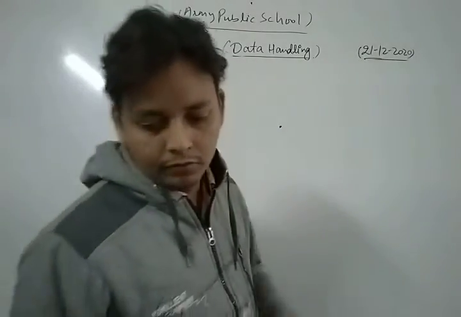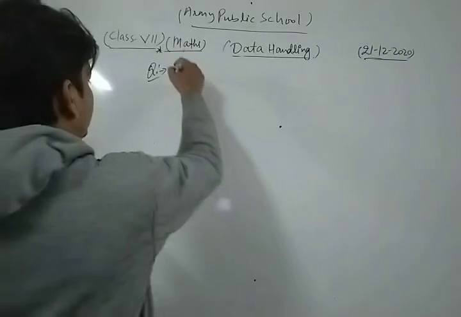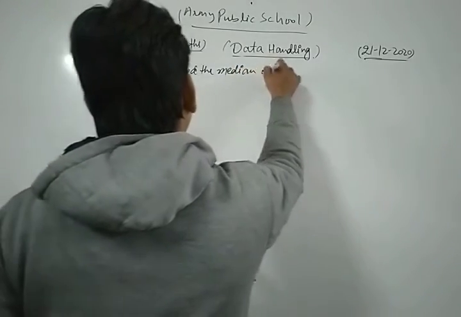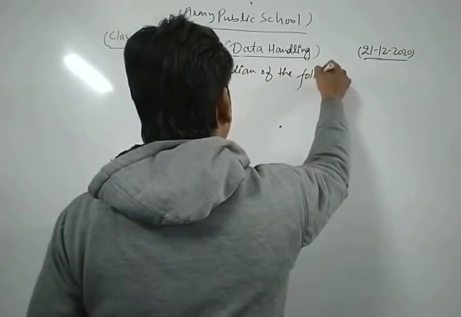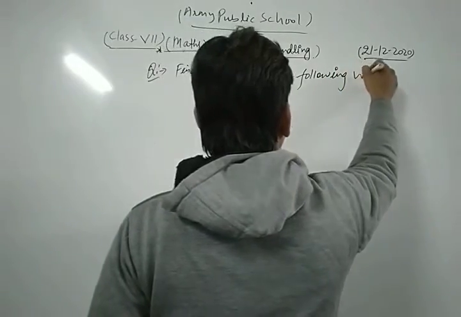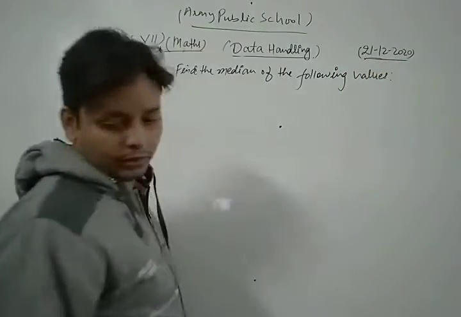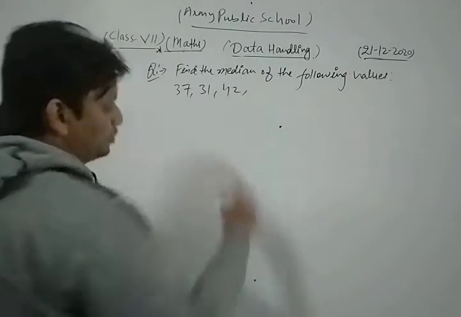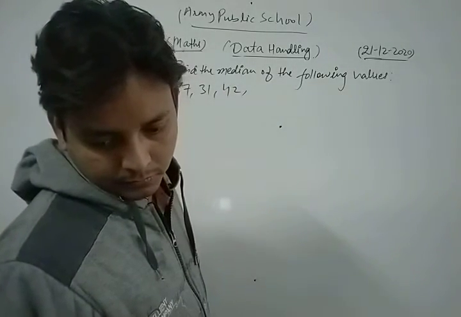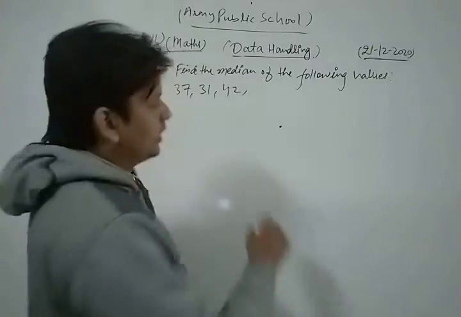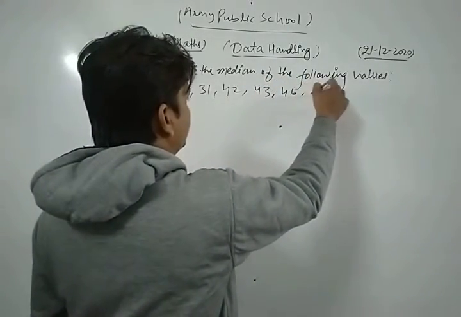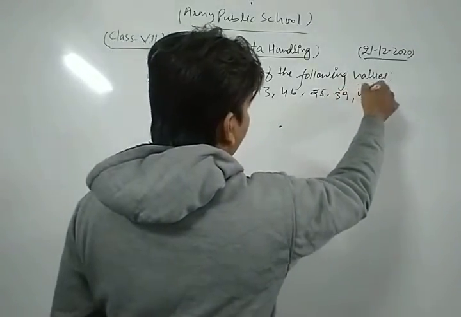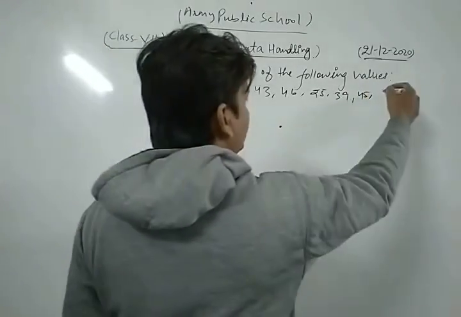The question is: find the median of the following values, and your values are 37, 31, 42, 43, 46, 25, 39, 45 and 32.